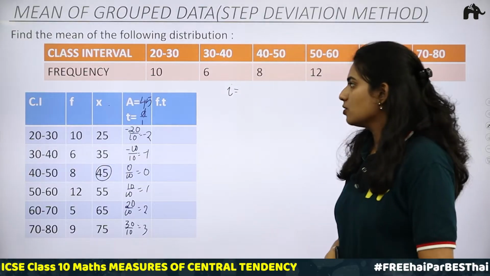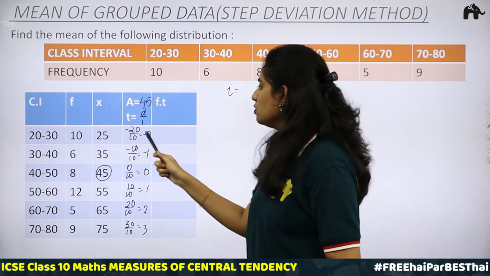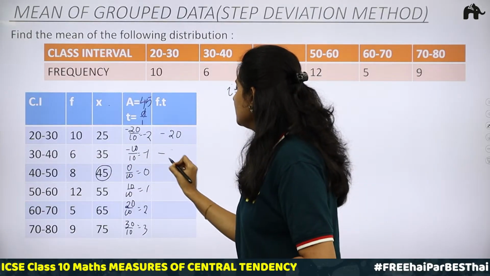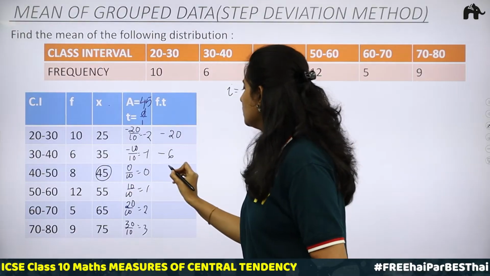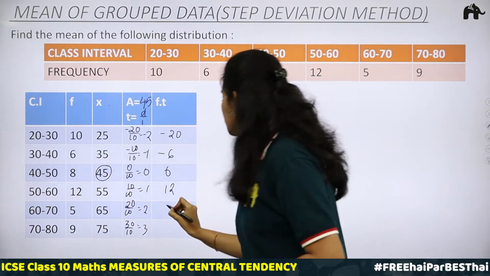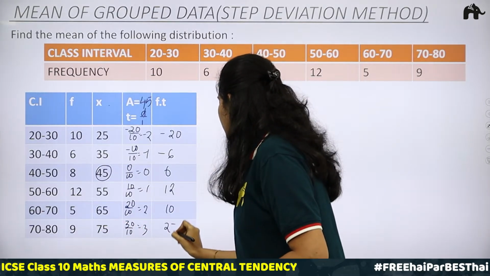These are the t values. What is the next step? We have to multiply f and t. 10 into minus 2, minus 20. 6 into minus 1, minus 6. 8 into 0, 0. 12 into 1, 12. 5 into 2, 10. 9 into 3 is 27.